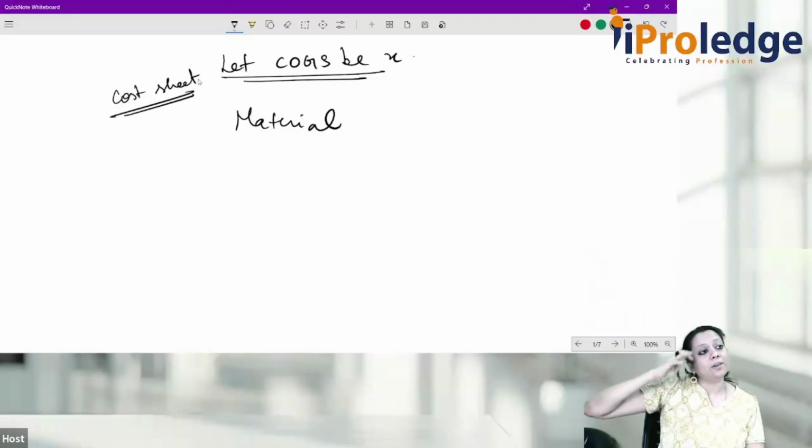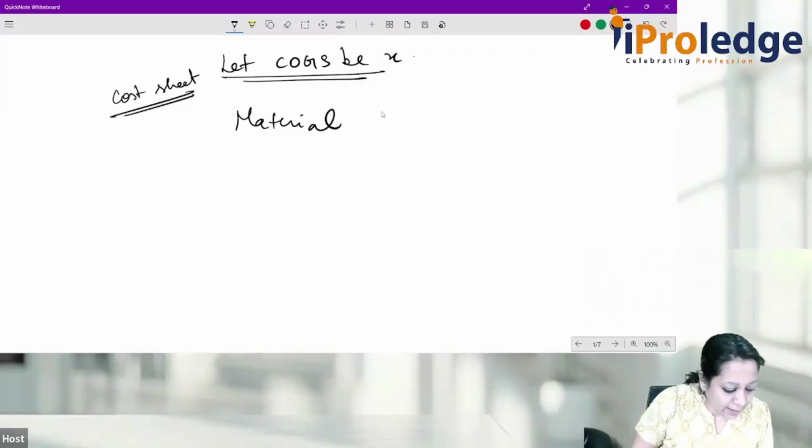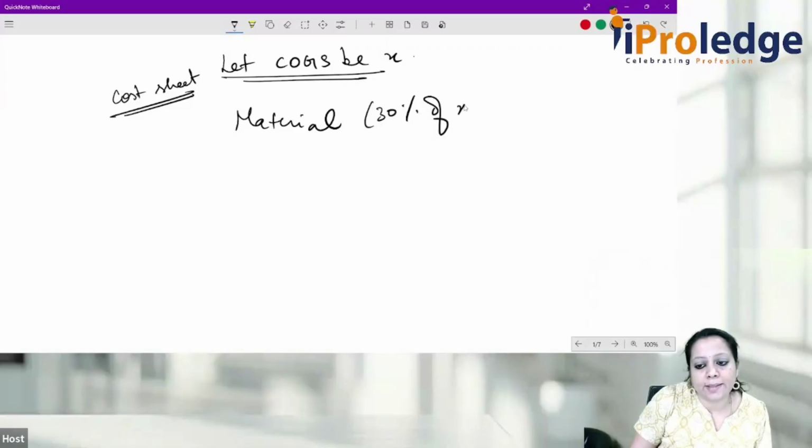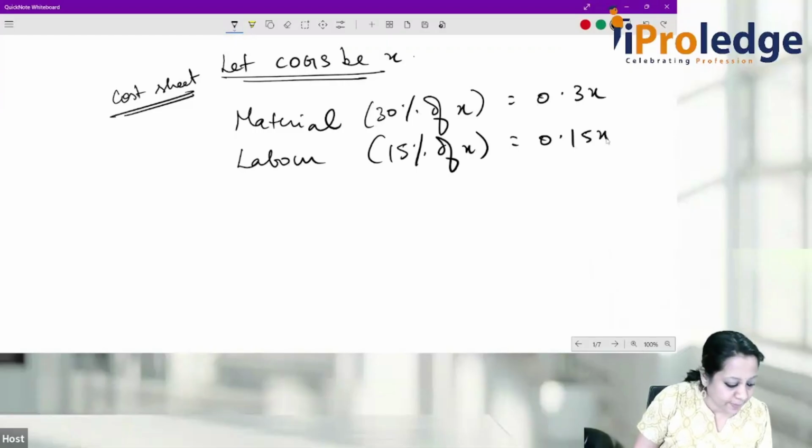Usually we will be doing a marginal cost sheet, but here the information is given on COGS, so we are doing it like this. Material is 30% of X, that is 0.3X. Then labor is 15% of COGS, that is 0.15X.